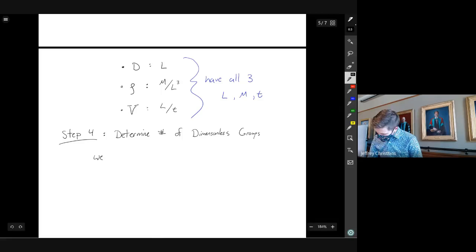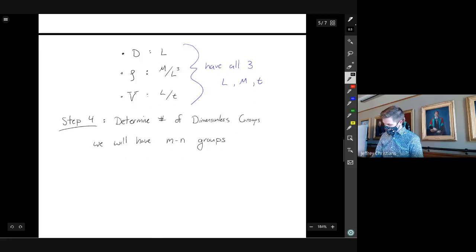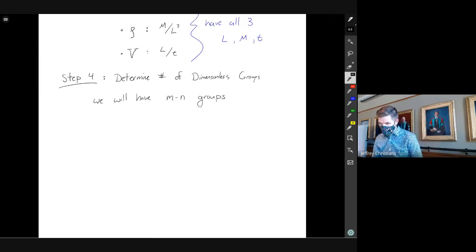So we will have m minus n dimensionless groups, where n is the number of parameters, right?